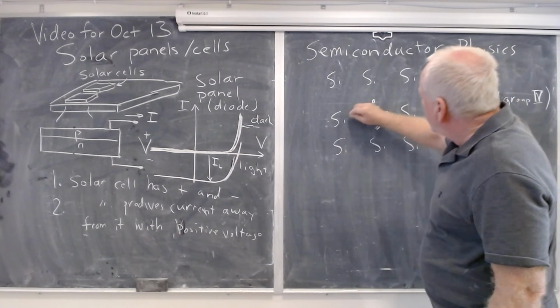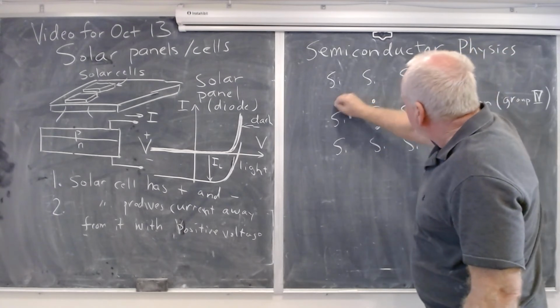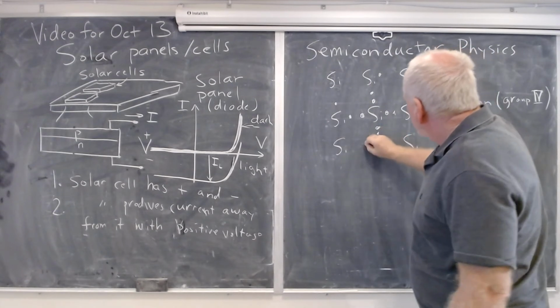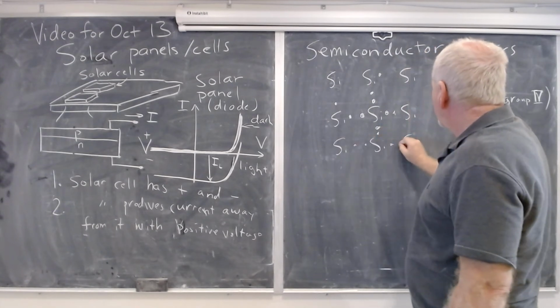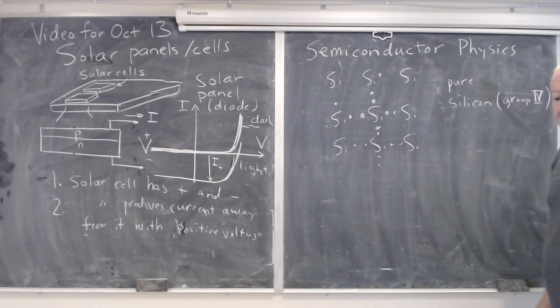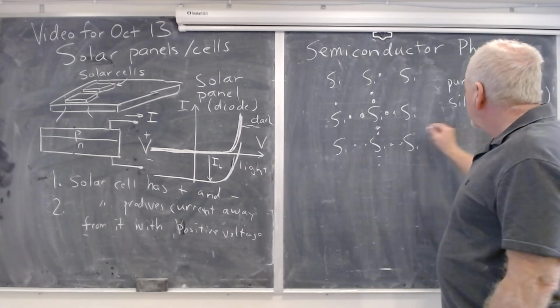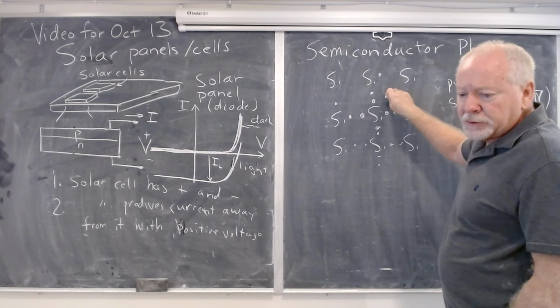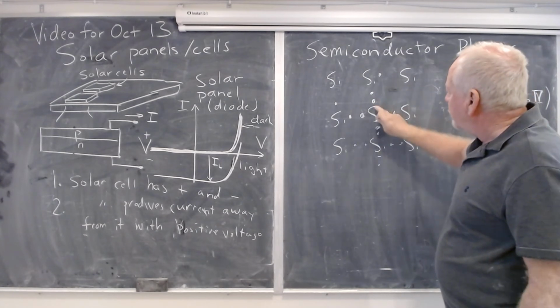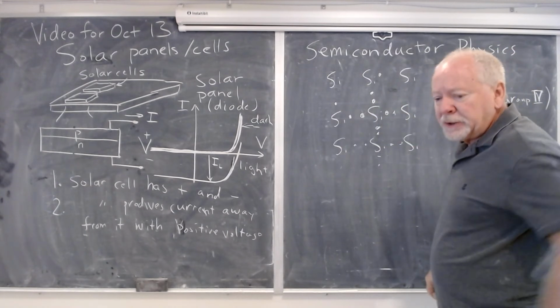And so if I draw the valence electrons for every silicon atom, it looks like that. And so silicon forms a covalent crystal or solid, meaning this is what silicon looks like. It forms bonds to its 4 nearest neighbors.